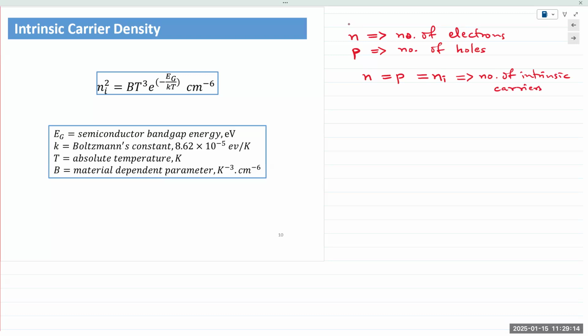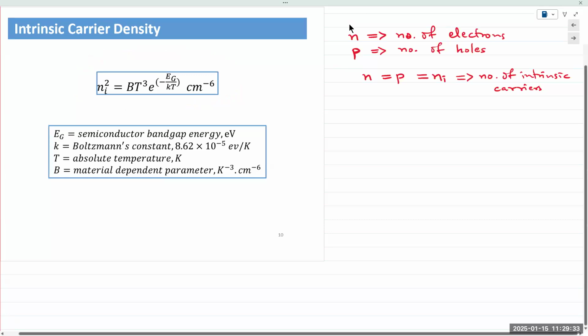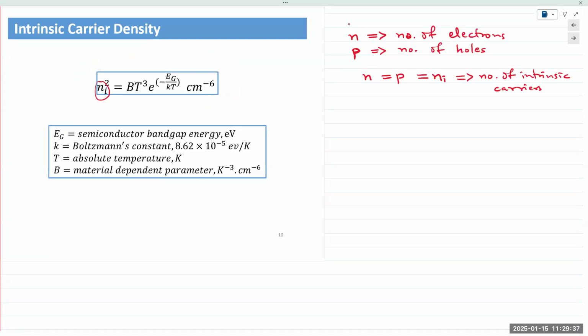Intrinsic charge carriers. And the equation for that is given right here. ni squared is B T cubed e raised to minus Eg over kT. And now let's break it down. Okay. ni, of course, we already defined as the number of charge carriers.